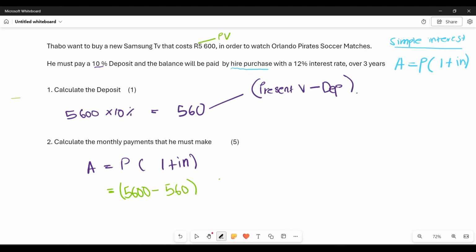This is multiplied by 1 plus our interest, which is 12%. Punching that into your calculator, 12% is the same as 0.12, multiplied by your n. Your n, in this case, is your number of years, which is 3.